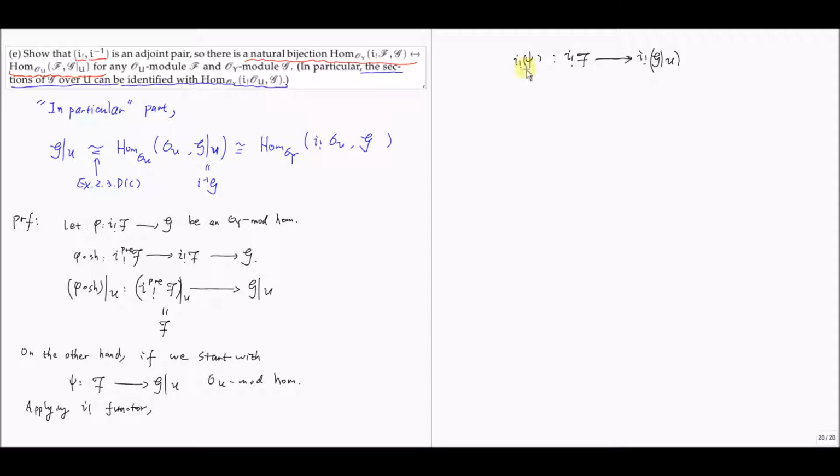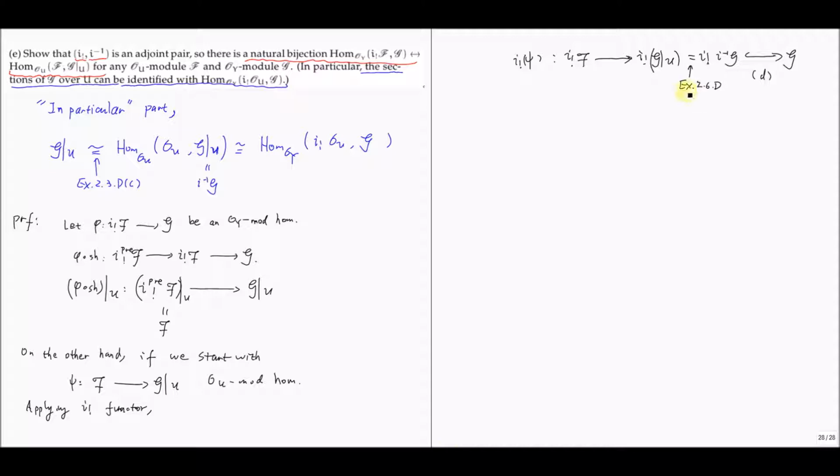Notice that this guy is equal to I shriek of I inverse of G. It's an inclusion from this guy to G by the part D of this exercise.